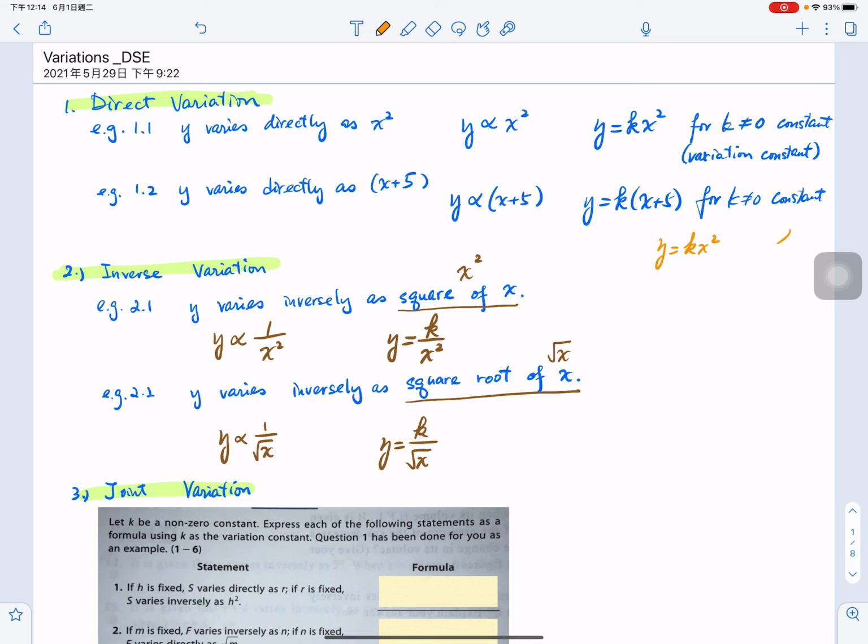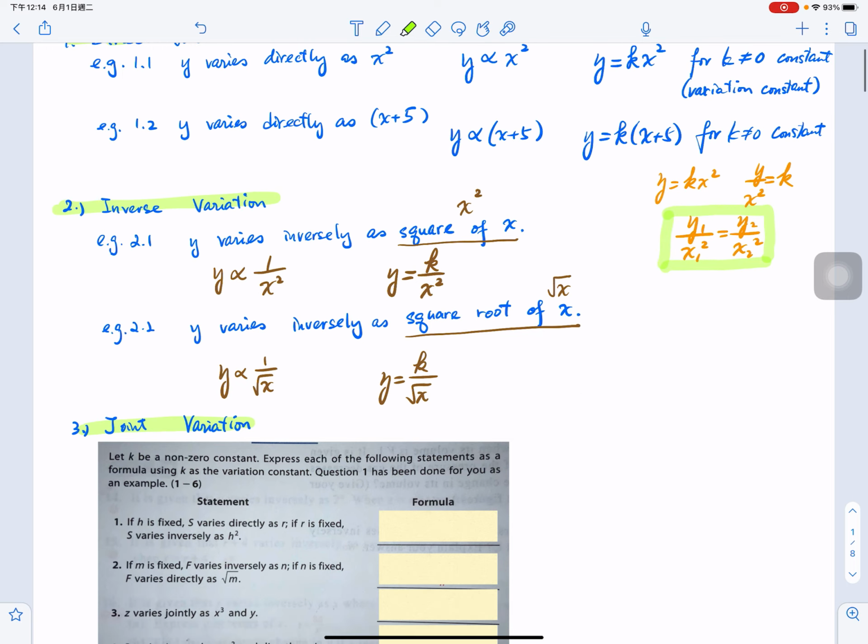We can write as, that means y over x squared equals k. 即係話 y 同埋 x 嗰個關係，可以寫成一個嘅常數。So y1 over x1 square equals y2 over x2 square. 仲記唔記得呢？OK，呢個係方便我哋去計算嘅。另外，如果 inverse variation 都可以嘅，例如 y square root x equals k, right?